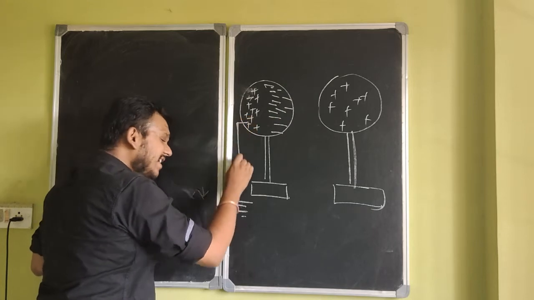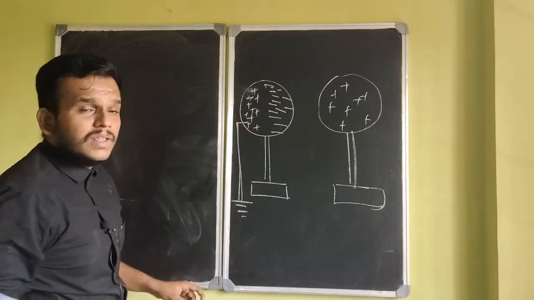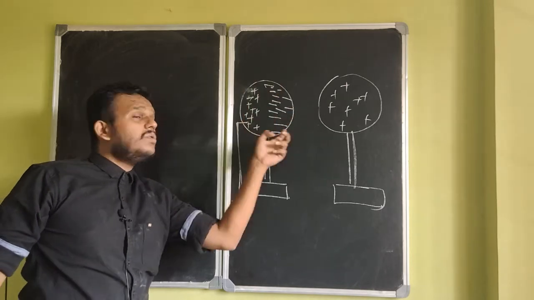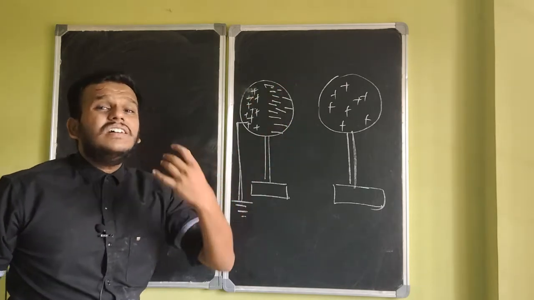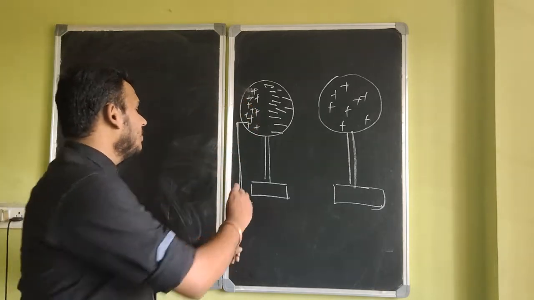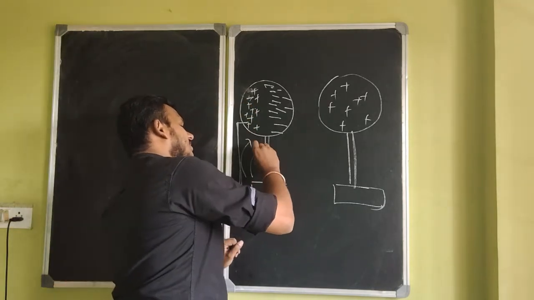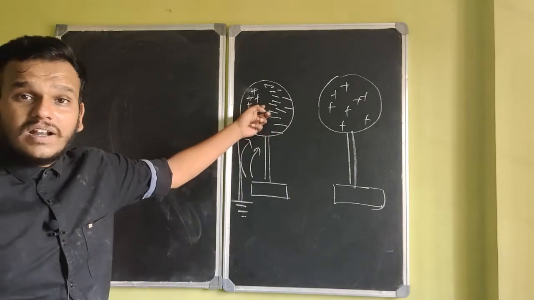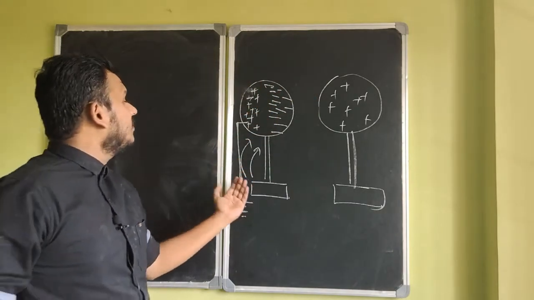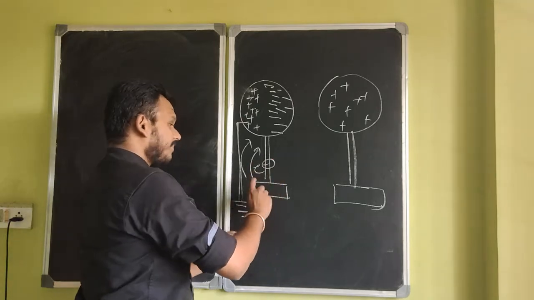When I connect this end to Earth, Earth will see scarcity of electrons. Actually there are equal number of electrons overall, but in this region Earth feels that there are less electrons. So Earth will start supplying the electrons, thinking that this is not neutral. Actually it is neutral, but since this side is polarized, Earth will send electrons.